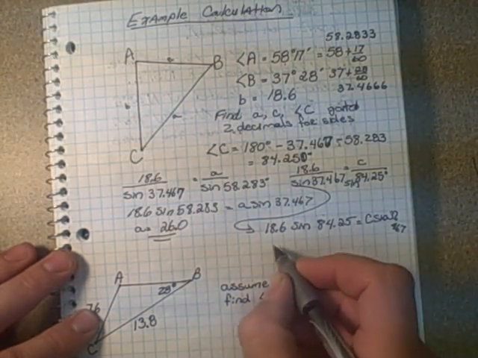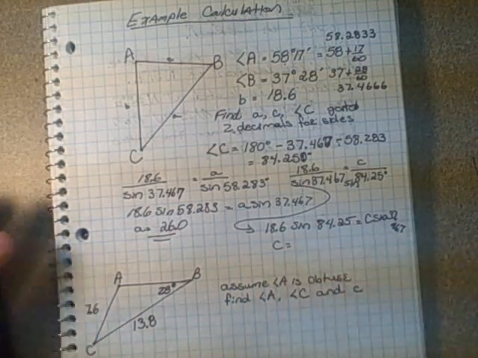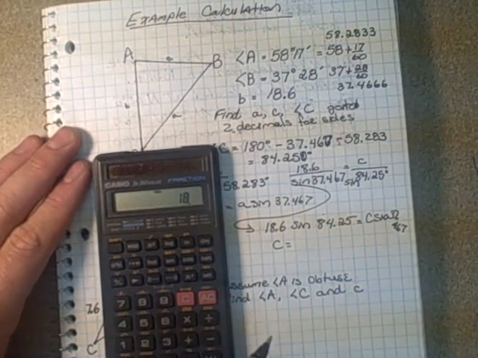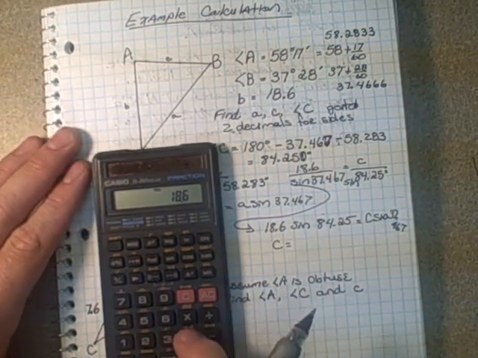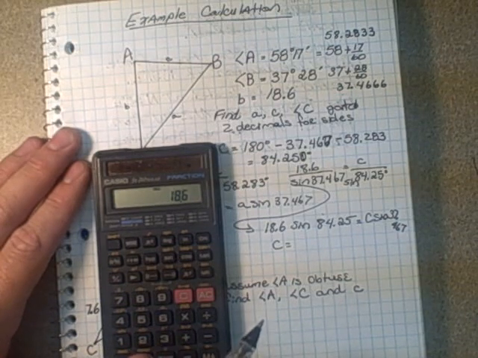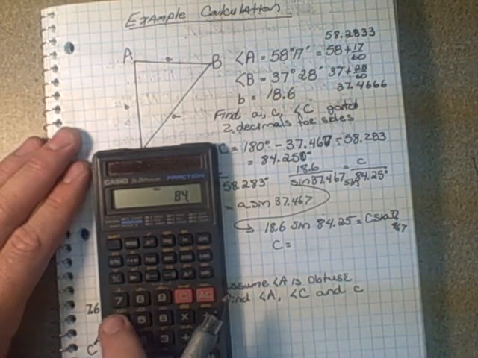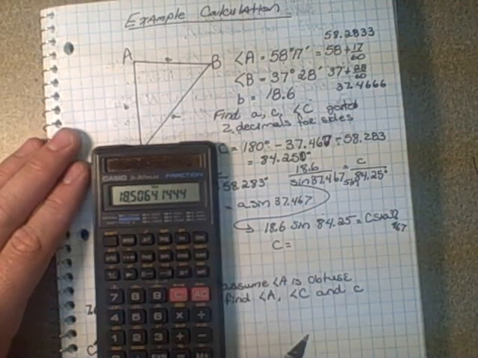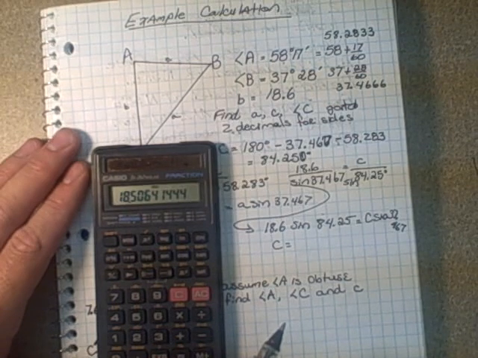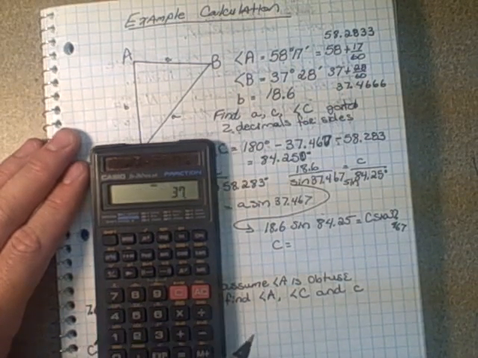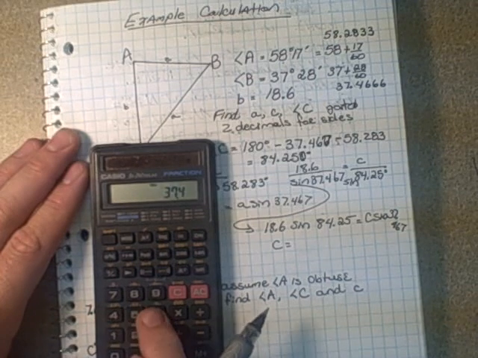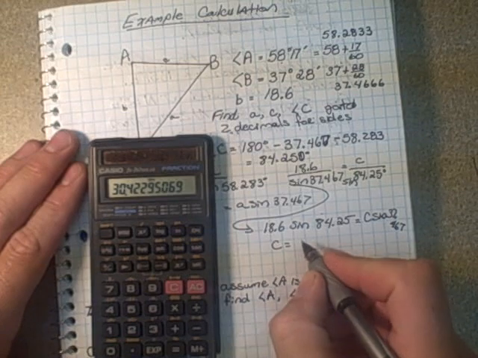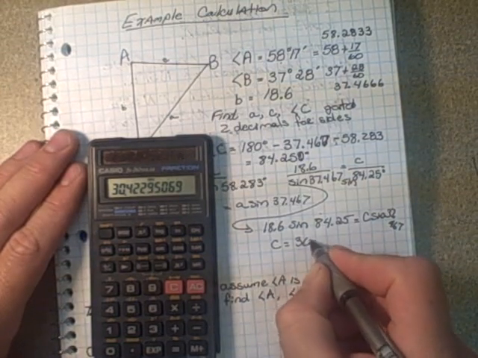And I'm crowding it in there, but divide by sine of 37.467, and you'll get your answer for C. So we'll go 18.6 times sine 84.25, and then divide by sine 37.467 to get our answer for C at 30.4.